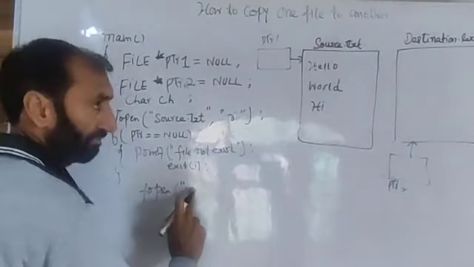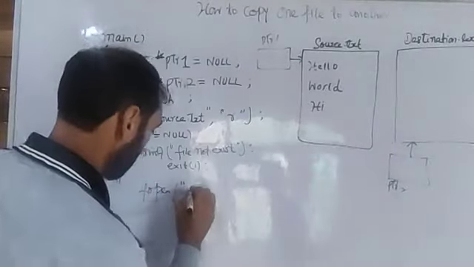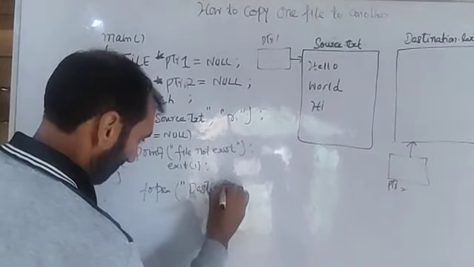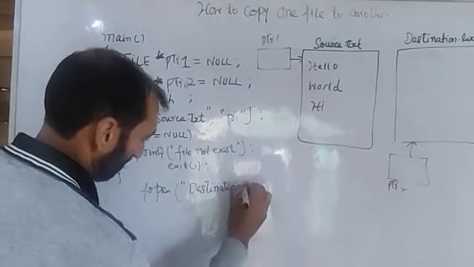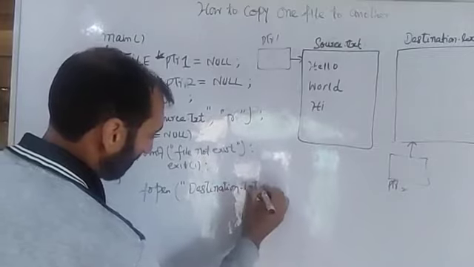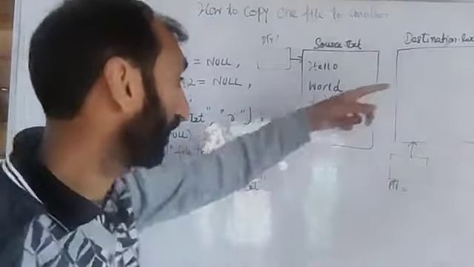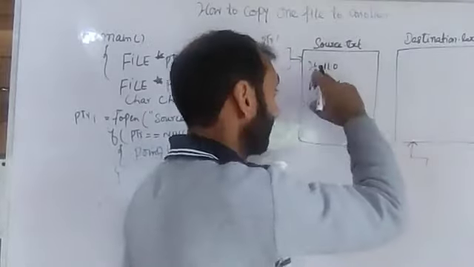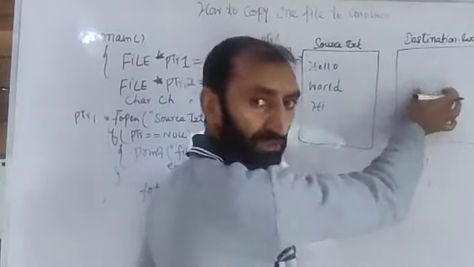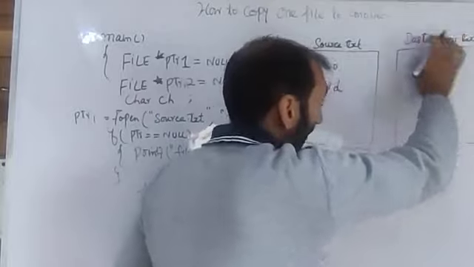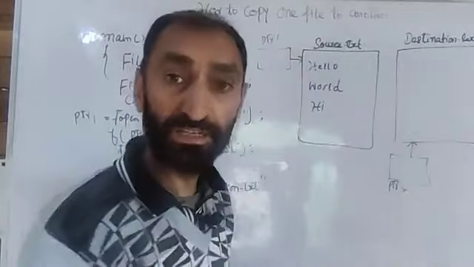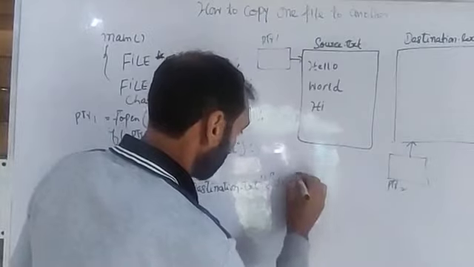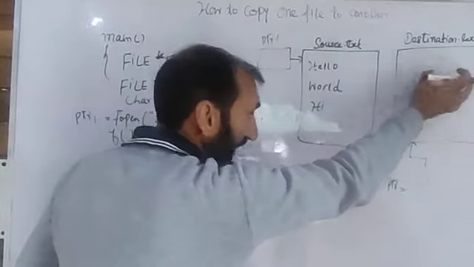The name of that file is destination.txt, and in which mode do we want to open this? Because we want to write the contents of the source file into this file, the mode of opening of this file must be W mode, write mode, because we have not read anything here.